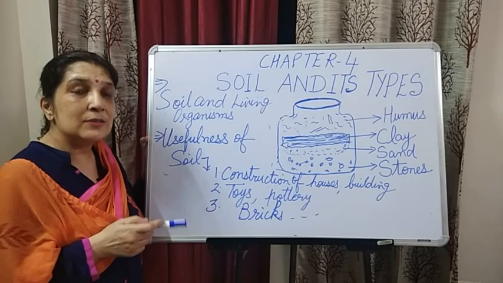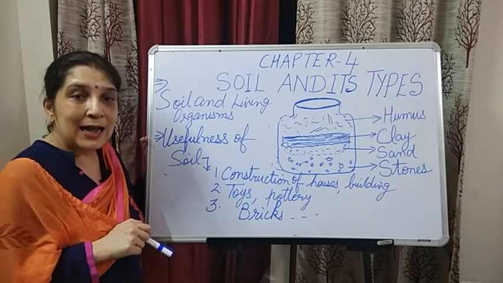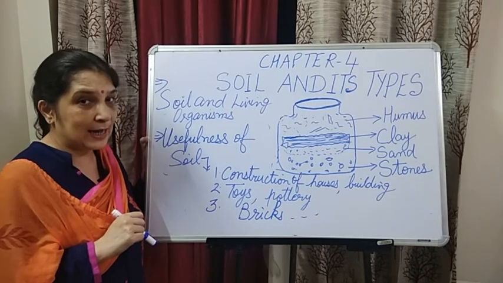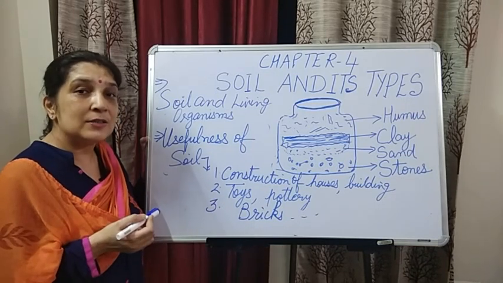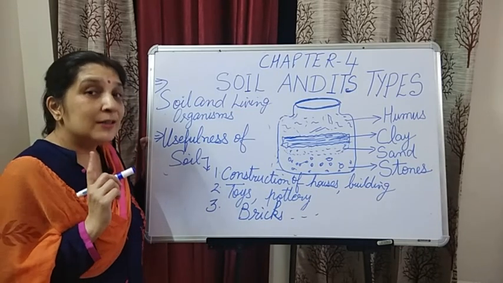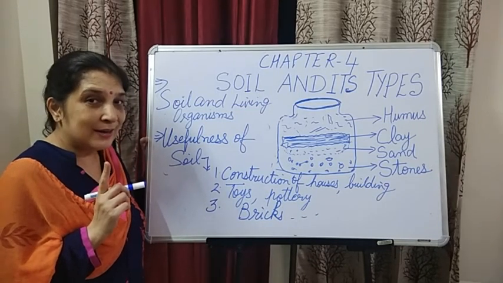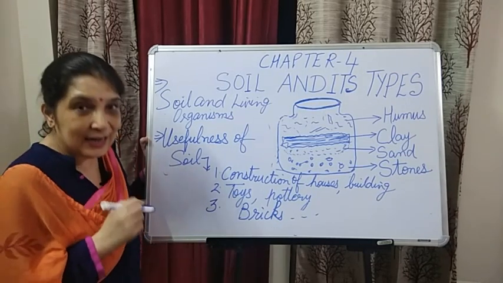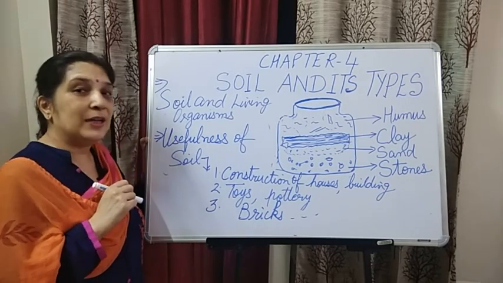Then we discussed soil contains air and water. I had shown you an experiment also on that. And then we discussed different types of soil. Remember, the first one was sandy, then clay, and then loamy.